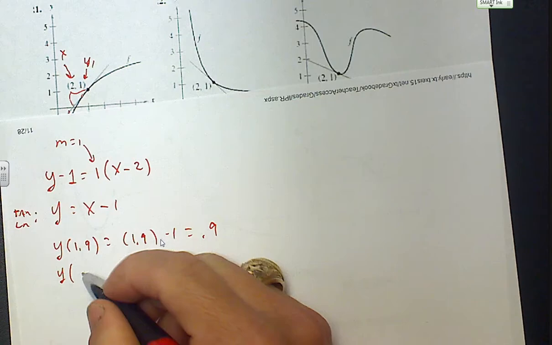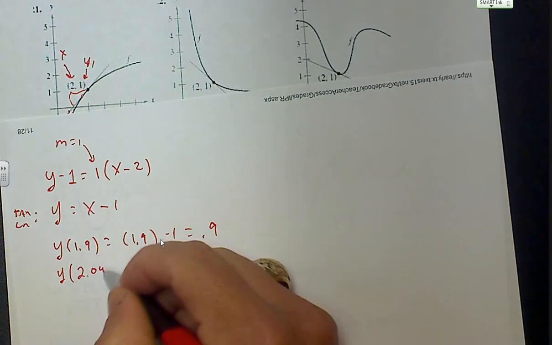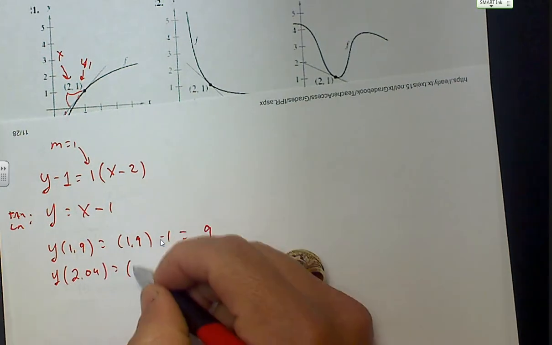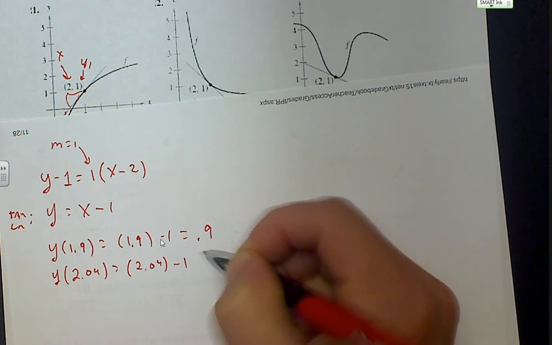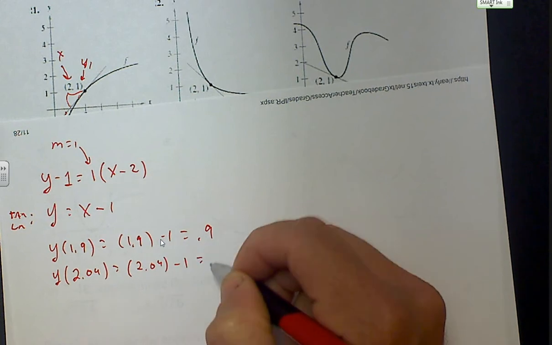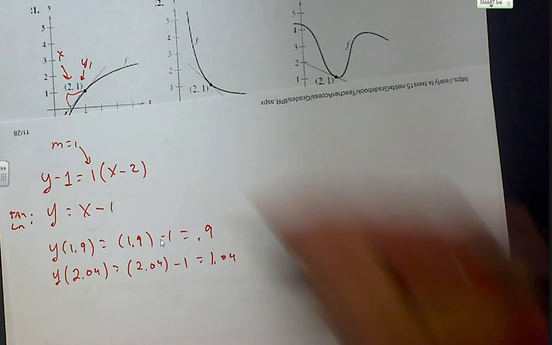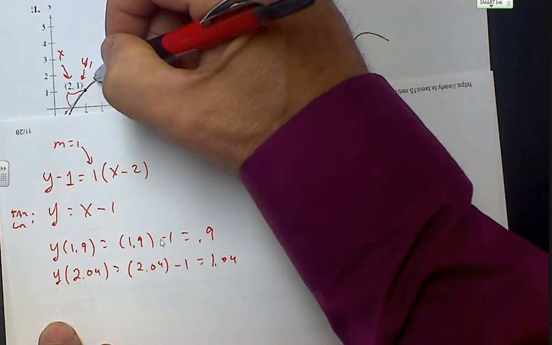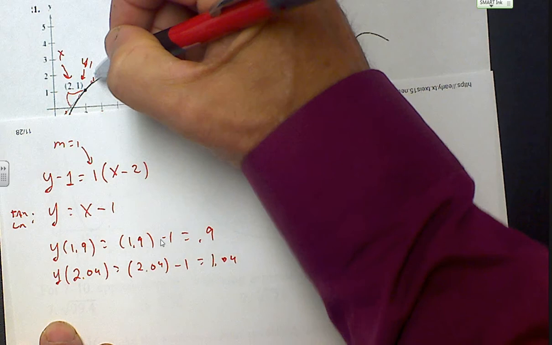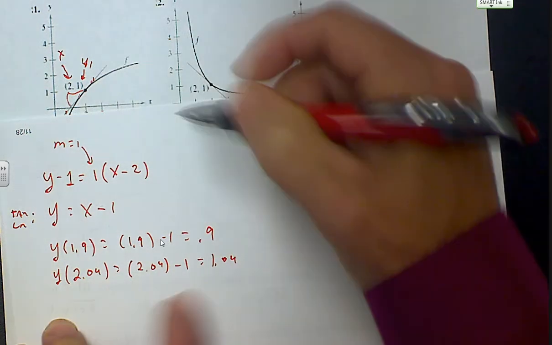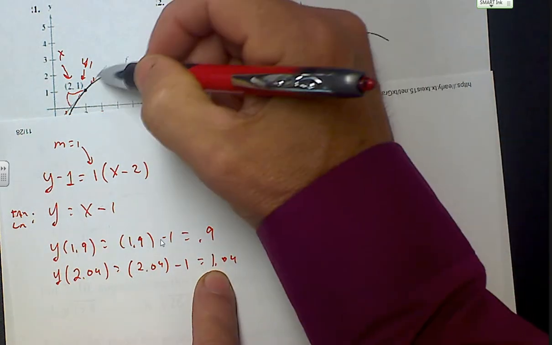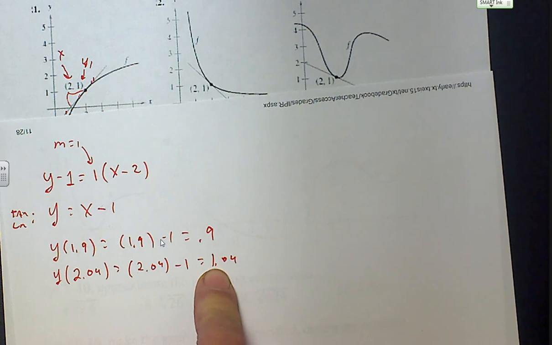So y of 2.04 is going to be 2.04 minus 1, which is 1.04, right? My estimate is 1.04. Is that above or below the curve? Above. It's also above the curve.